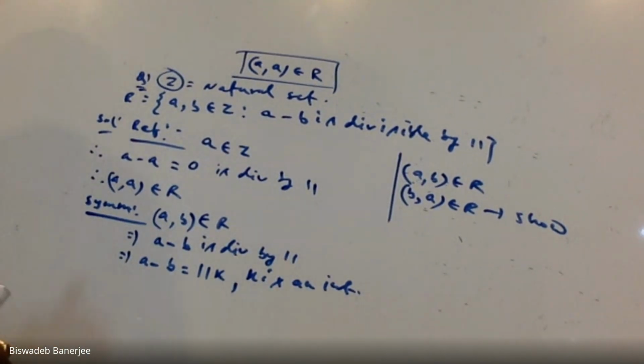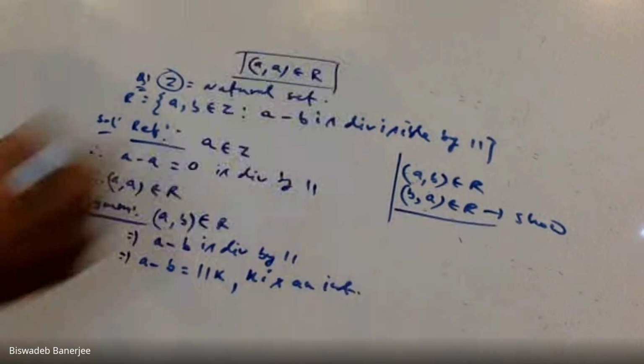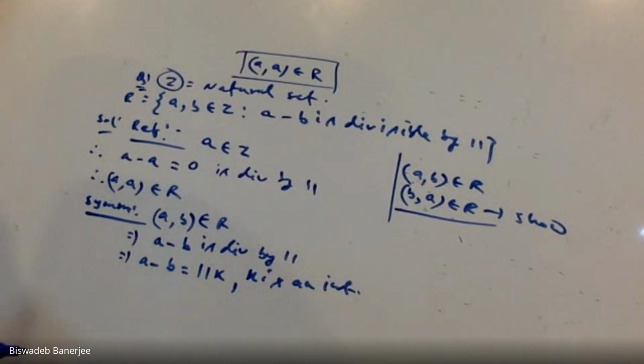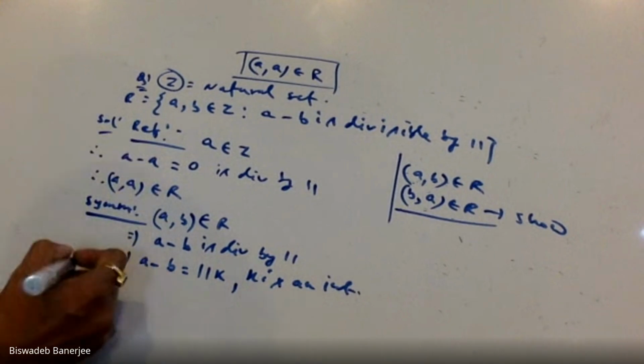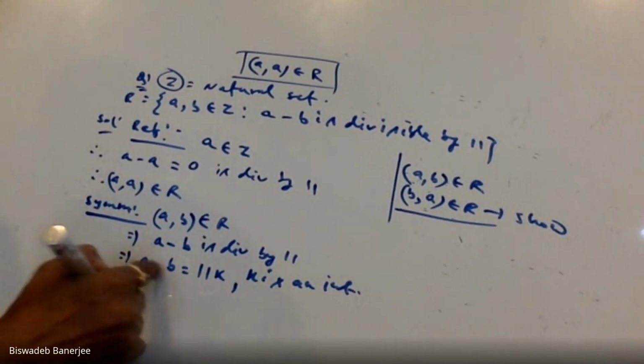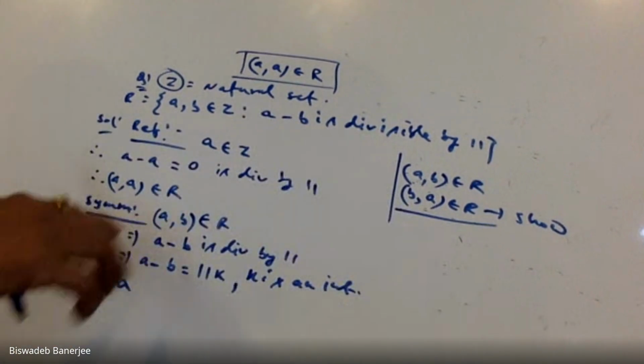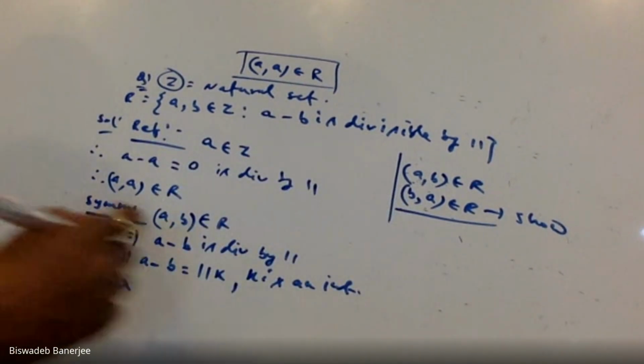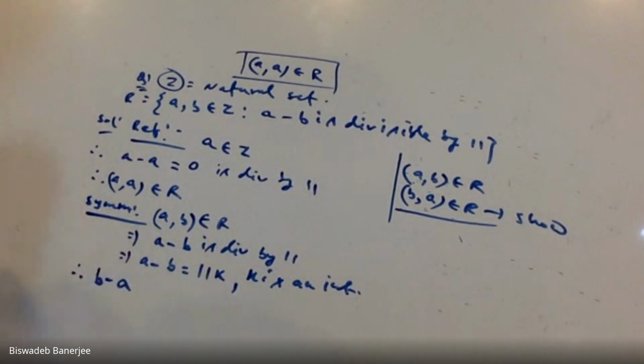Then we have to show (b, a) belongs to R. That means interchange a and b. That means we have to take b minus a, not a minus b, because (b, a) means interchange between b and a. So we have to check whether b minus a is divisible by 11 or not.